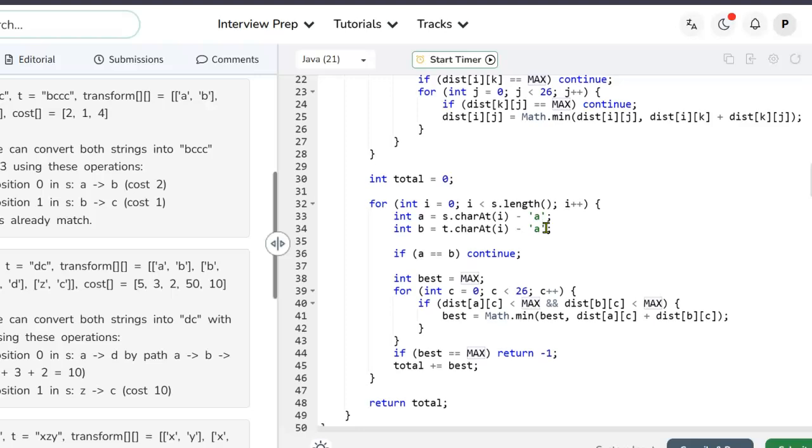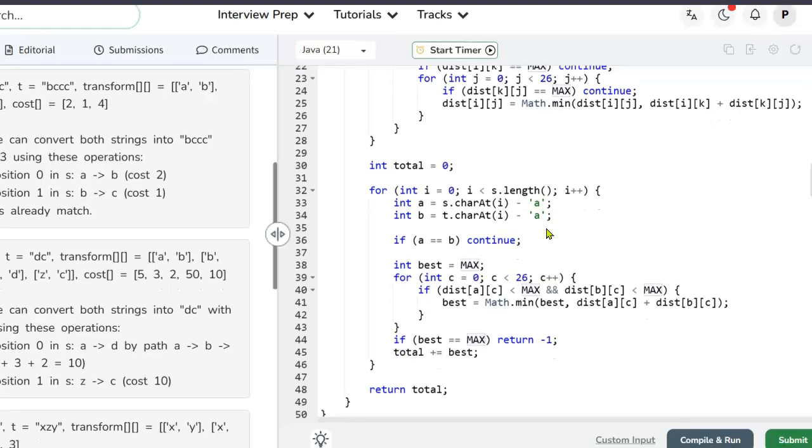All right, now we've got the matrix, we've got the shortest path from every letter to every other letter. And we iterate through the 2 strings, S and T, all right?